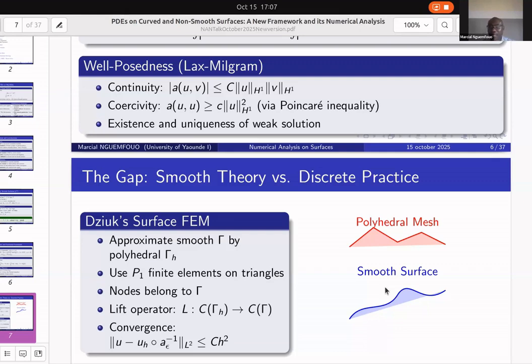After that, we prove that the discrete surface and the smooth surface are close. We show the convergence: the distance between both is less than C h squared, which goes to 0 when h goes to 0. But it is very technical. I can explain more. Dr. Marcial, tomorrow I'll send you an email with all the materials that you feel will be helpful for us.